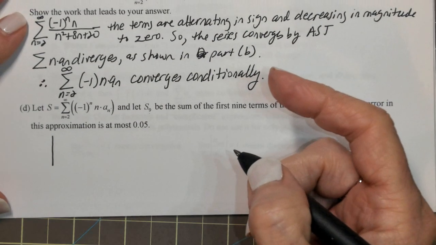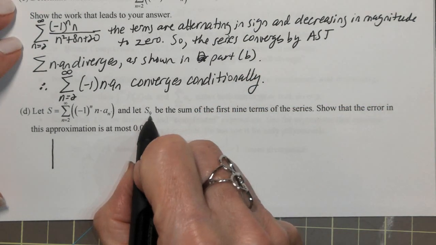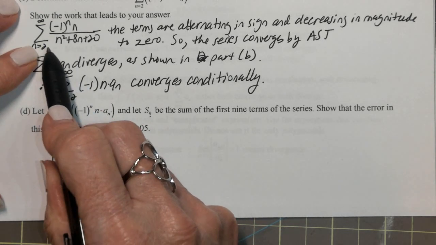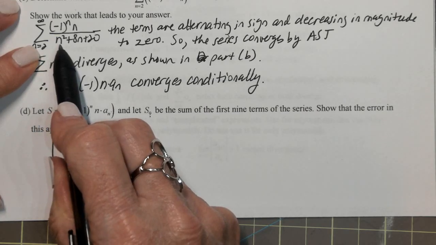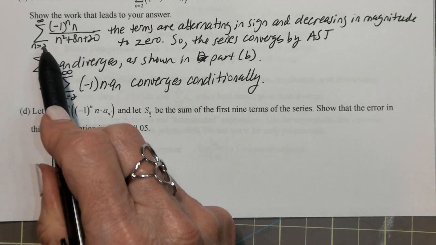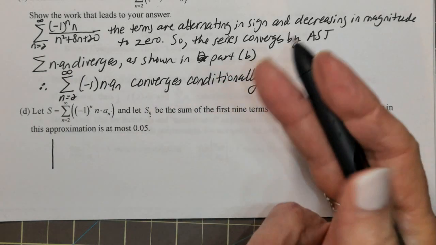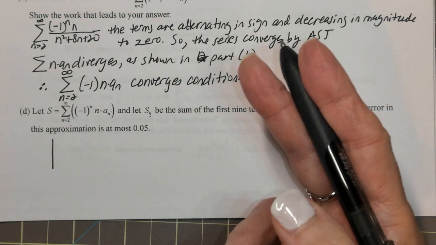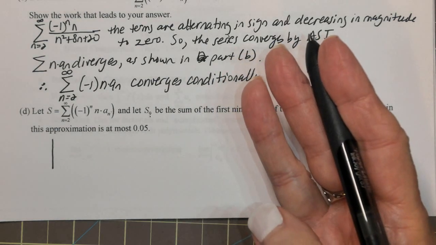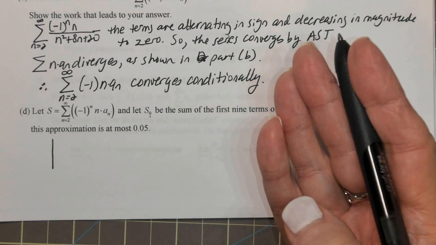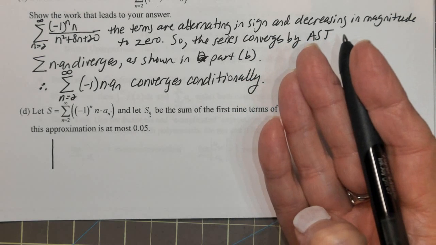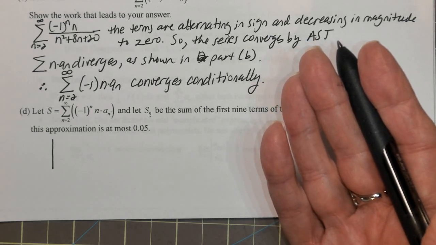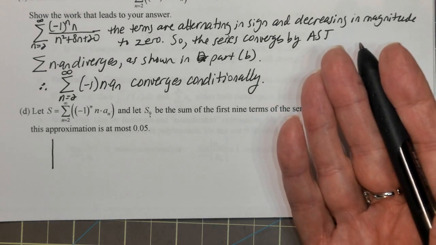The first unused term. So first of all, if we use 9 terms of this series, that would be not when n is 9, right? Because we're starting at 2. n is 2 would be the first term, n is 3 would be the second term, n is 4 would be the third term, n is 5 would be the fourth term, 6, 7, 8, 9, n is 10 would be the ninth term.